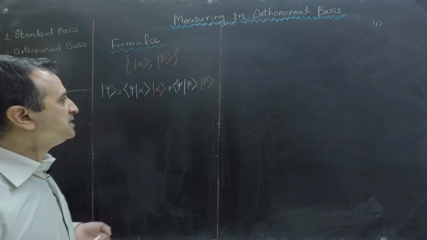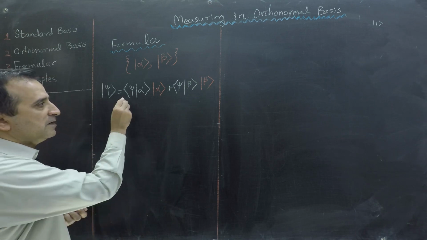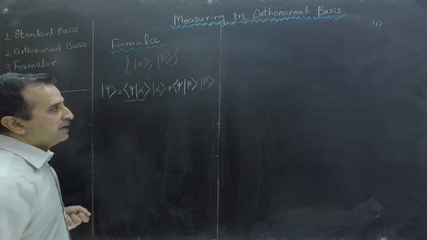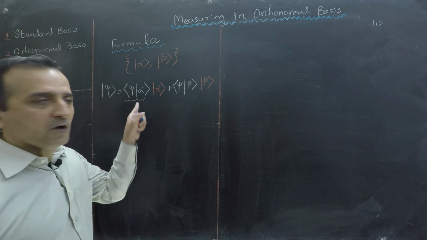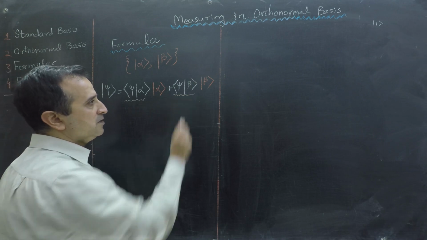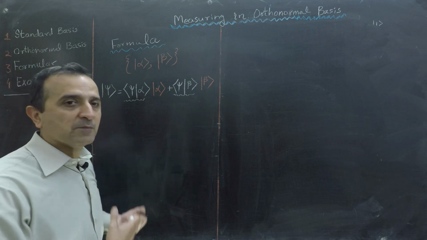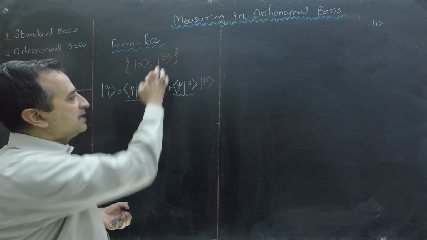So that's my formula, and we know that this here will be a number, and we can say this will be the amplitude of ket alpha, and we know this will be a number, so we say this is the amplitude of ket beta.